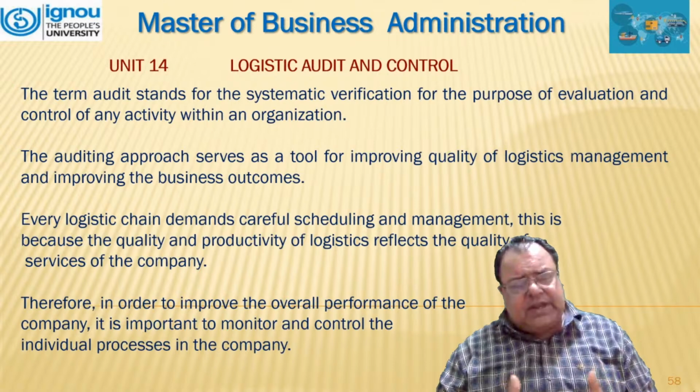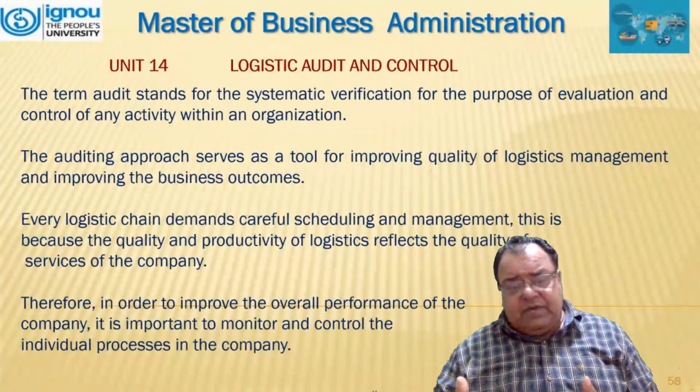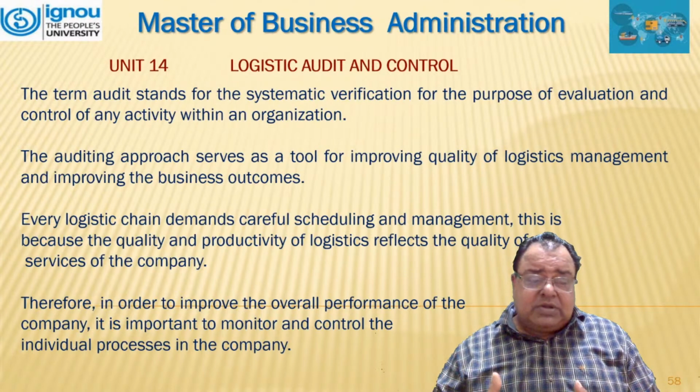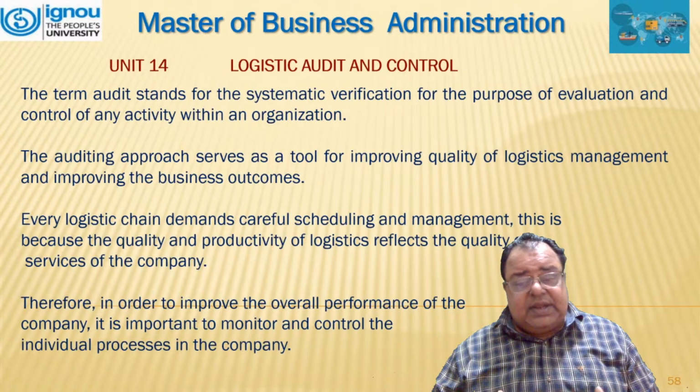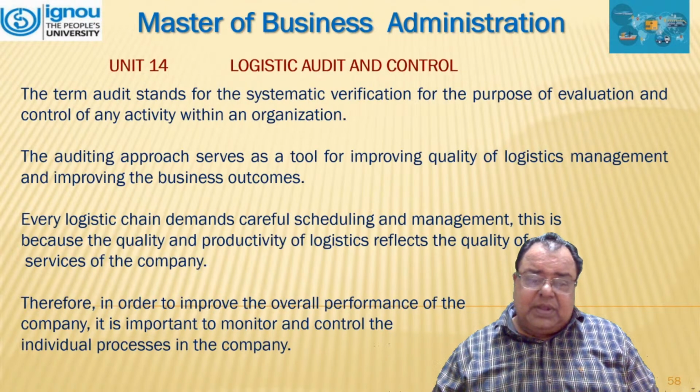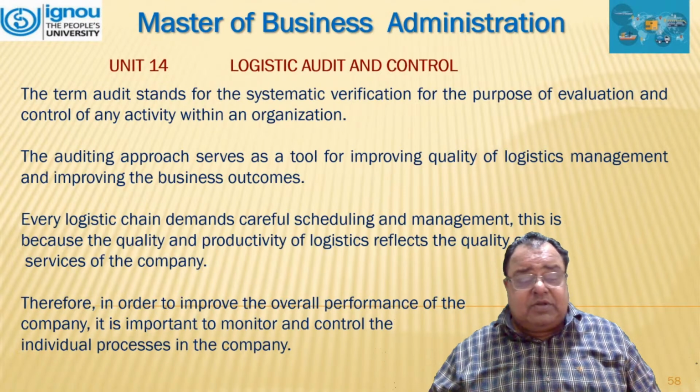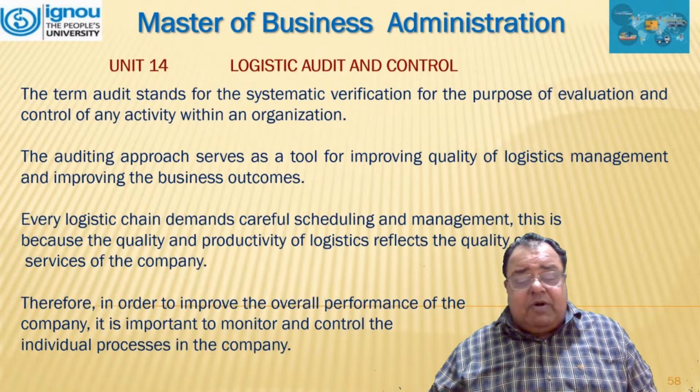Every logistic chain demands careful scheduling and management. This is because the quality and productivity of logistics reflects the quality of service of the company. Therefore, in order to improve the overall performance of the company, it is important to monitor and control the individual processes in the company.